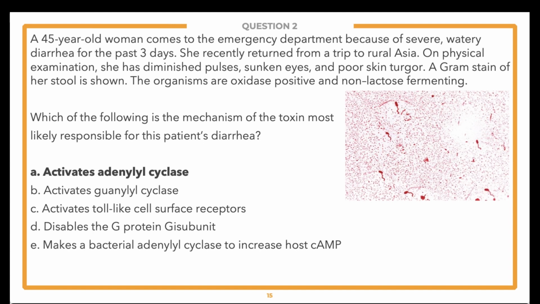And then the edema factor produced by Bacillus anthracis makes a bacterial adenylyl cyclase to increase host cAMP. B. anthracis causes fever and vomiting, which we don't see here, and sometimes diarrhea, but this one is a gram-positive rod.